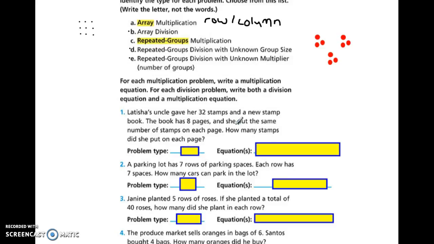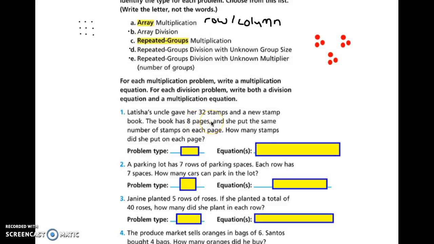All right, it says, Letitia's uncle gave her 32 stamps and a new stamp book. The book has 8 pages, and she put the same number of stamps on each page. How many stamps did she have on each page? All right, so we know the total number of stamps she has, and she has 8 pages.